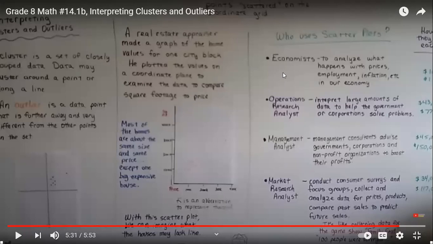We said that we have 4 branches, right? The first one is economics. Economics, yes. And what else? Operations research analyst, management analyst, market research analyst. So it depends on the data which we have in the scatter plot. So you can take your decision to improve your product or to sell more or to fix a problem in a specific situation and so on.